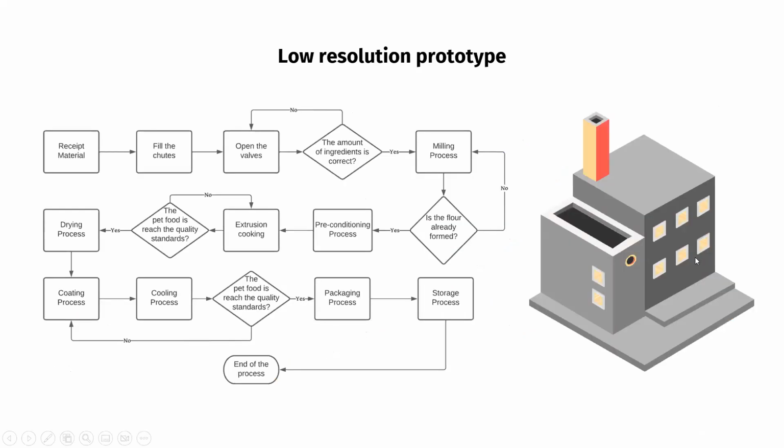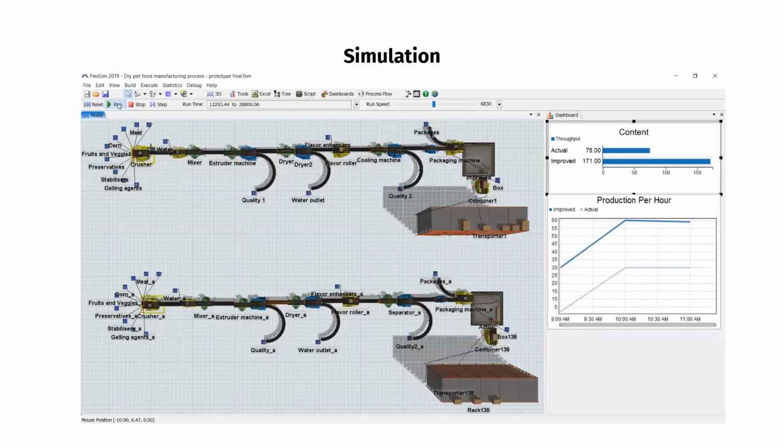For the low resolution prototype, we have the steps for the process. So here you can see like a batch process. This means that the machine needs to continue doing its process till it's completely done. Here we have the simulation.